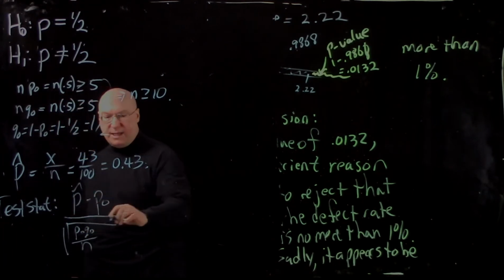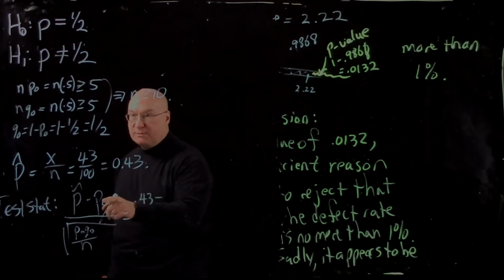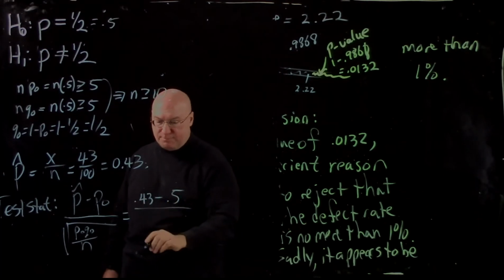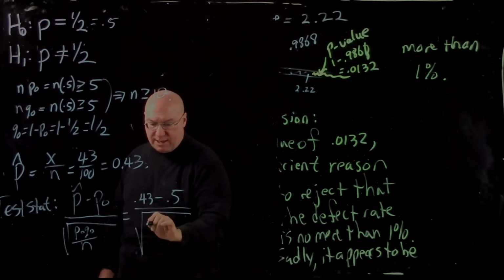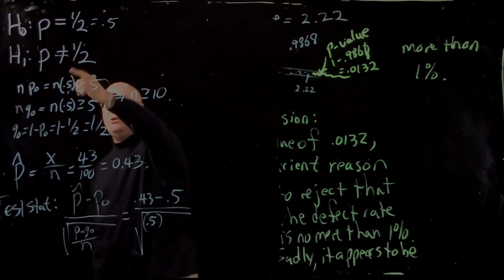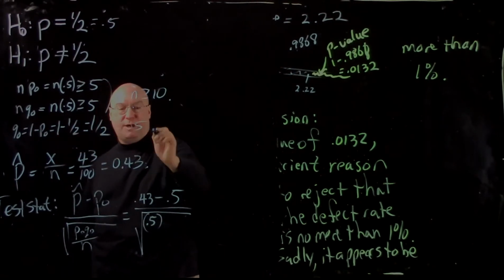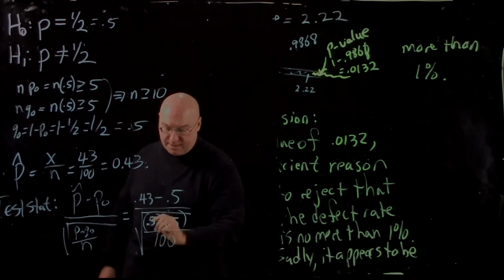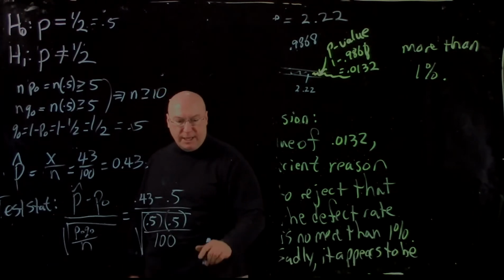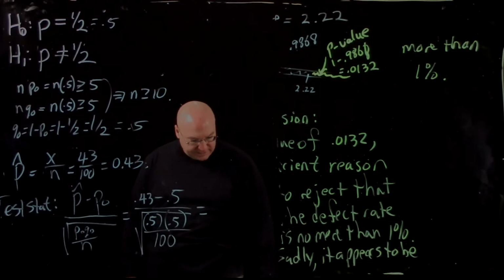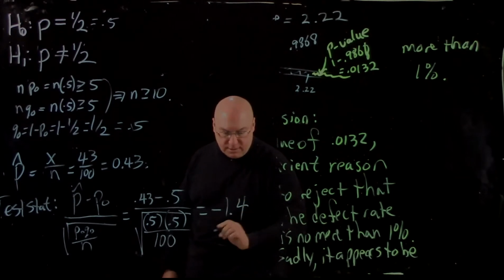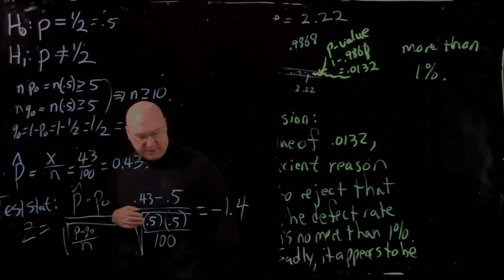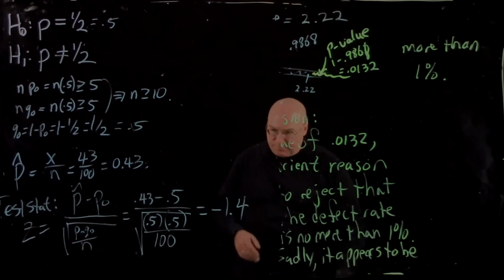That is, p hat is 0.43 minus p naught is 1/2, so 0.5, divided by the square root of p naught, which is 0.5, times q naught, which is a half, also 0.5, divided by n, the number of times I tossed the coin. And you work that out, and you get negative 1.4. Okay, and that's a z-score again.